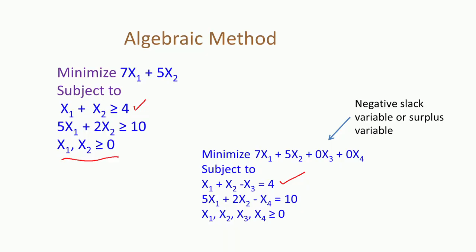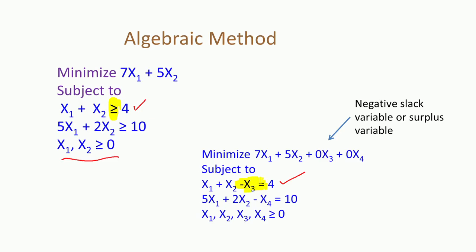Now, x1 and x2 have to be such that they ordinarily should not be less than 4. Therefore, x3 does not take a negative value. So, x1 plus x2 greater than or equal to 4 is now rewritten as x1 plus x2 minus x3 equals 4.